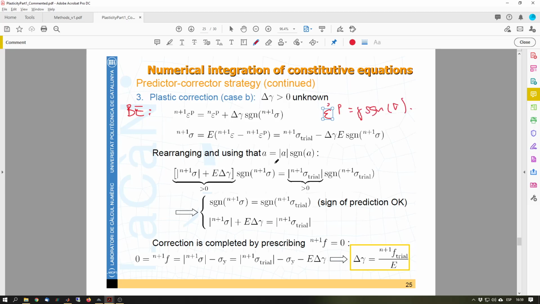And this is a discretized form, but not in rate form, of our constitutive law, sigma dot equals. If we multiply everything by delta t, we will have that sigma n plus 1 must be equal to E times the difference of the total strain minus the plastic one.